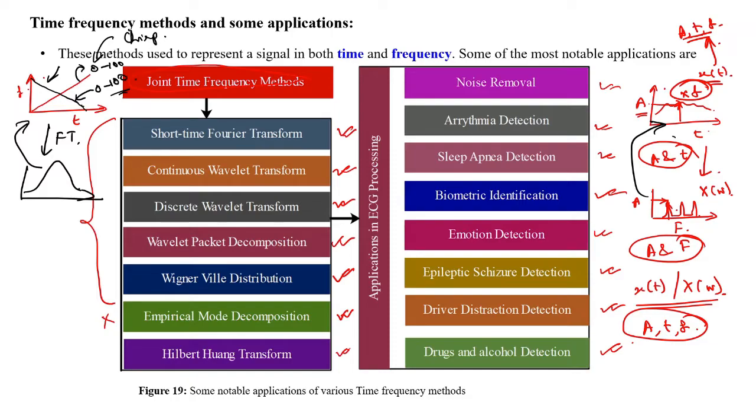However, it fails to analyze non-stationary signals effectively. What are non-stationary signals? Non-stationary signals are the signals which change their frequency component with time. And as I discussed with you a few moments earlier, all biomedical signals, you cannot predict what the frequency would be in the next domain.